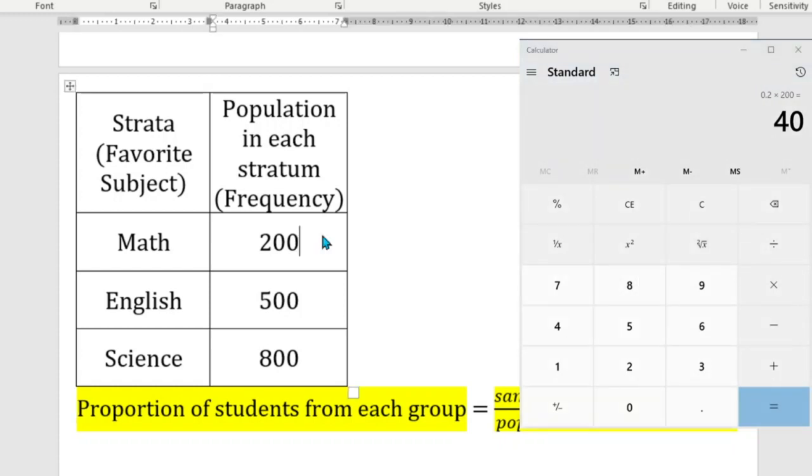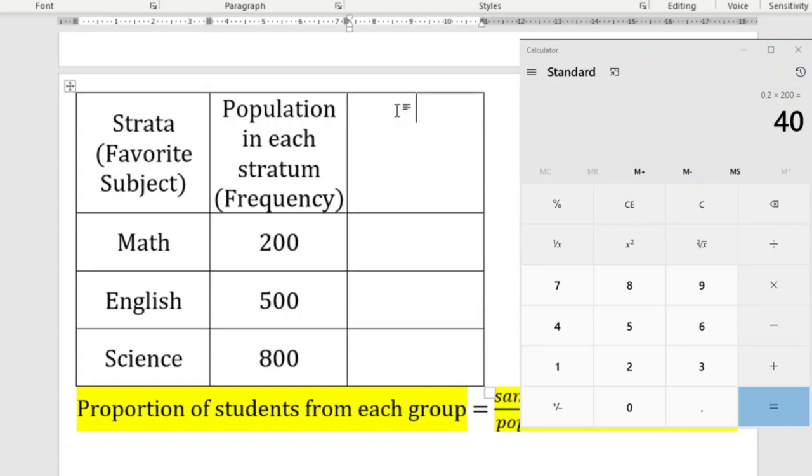Now, we insert another column to the right, and we label it as the sample in each stratum. In this case, we have 40. That means we will interview 40 students whose favorite subject is math.